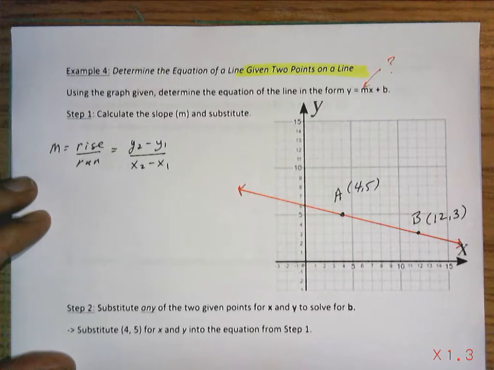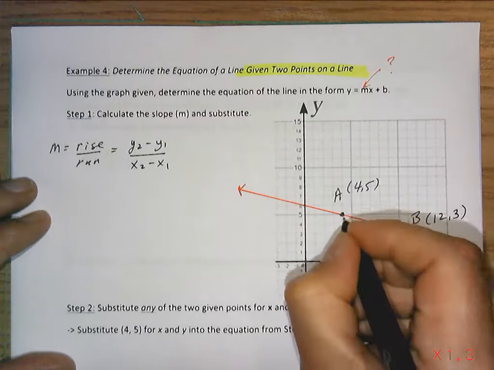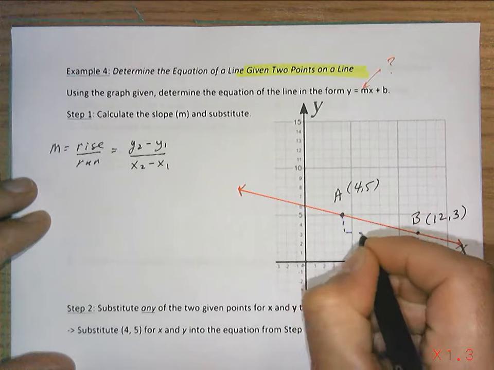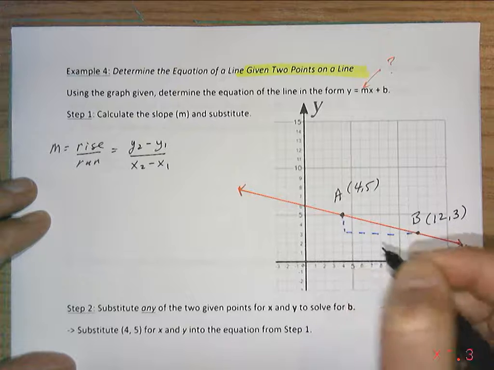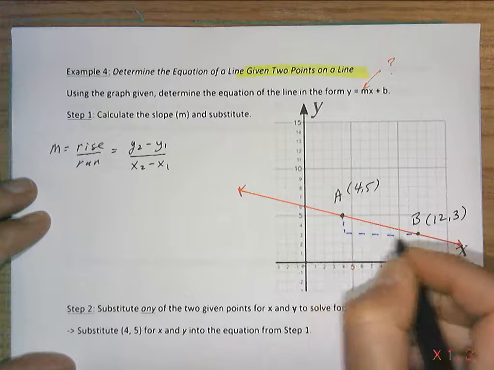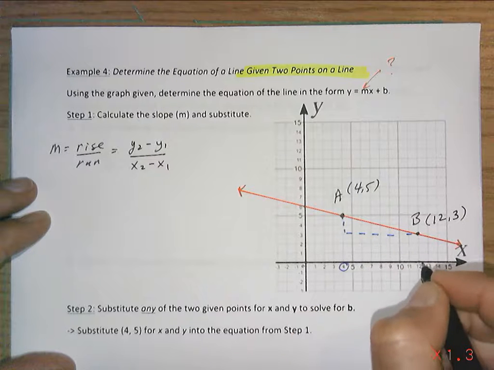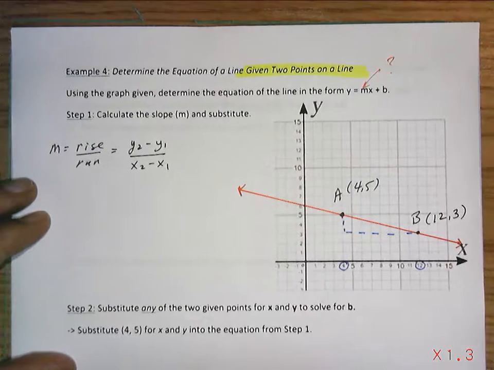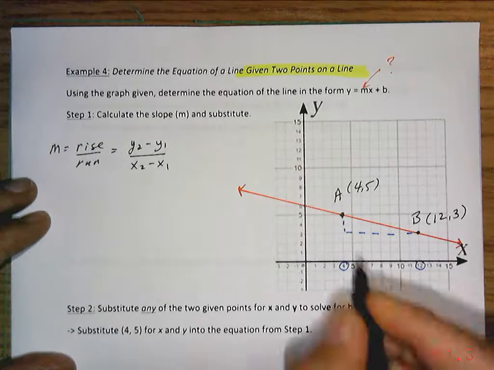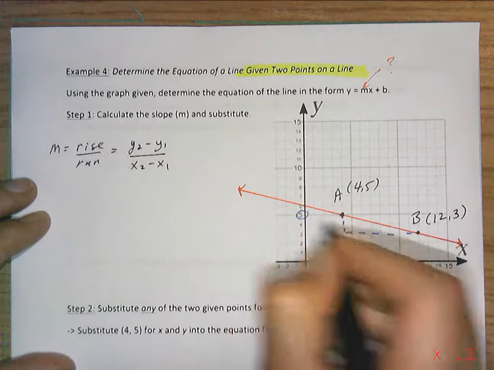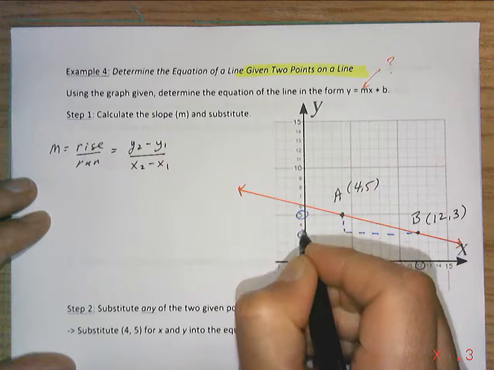If I do rise over run here, I'm going to make my triangle go this way. So what's happening here is my run is going from 4 to 12. And my rise is going from 5 to 3.